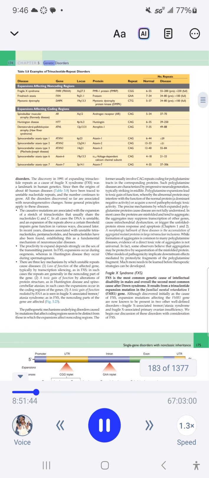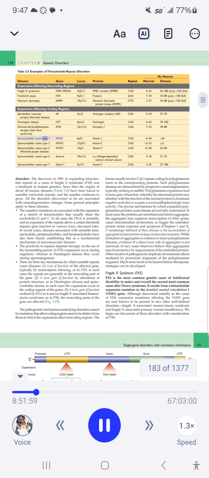174th Chapter 5 Genetic Disorders. 8.5 Telba of trinucleotide repeat disorders. Locus. Disease gene. Expansions affecting non-coding regions. Fragile X syndrome. fMRI. Fraxa. Friedreich ataxia. FXN. Myotonic dystrophy DMPK. XQ27.3. 9Q21.1. 19Q13.3. Expansions affecting coding regions. Spinobulbar muscular AR atrophy Kennedy disease. Huntington disease HTT. Dentatorubral pallidoluysian ATNL atrophy Hall River syndrome.